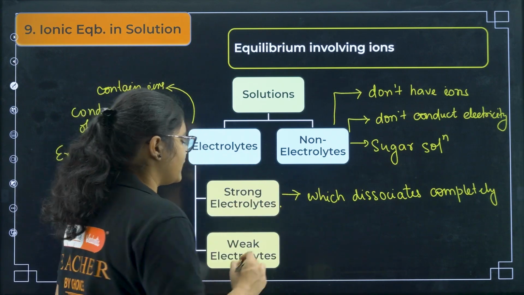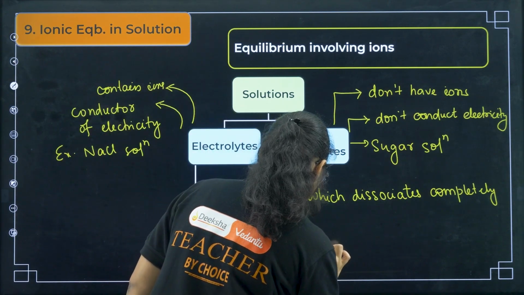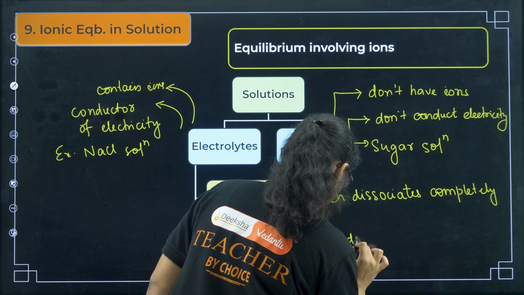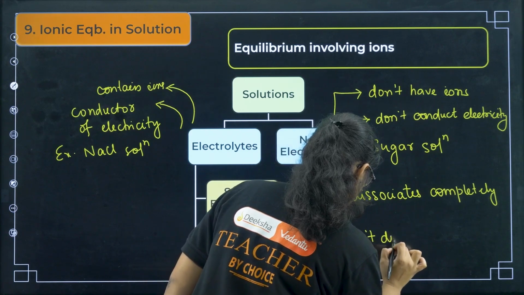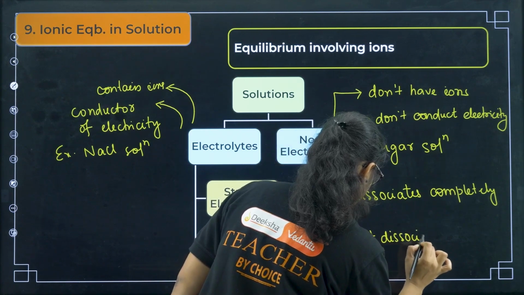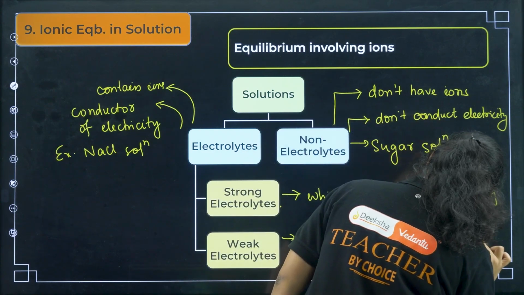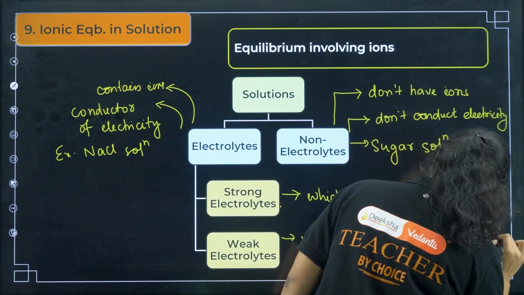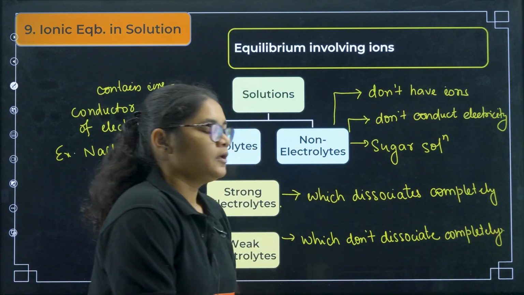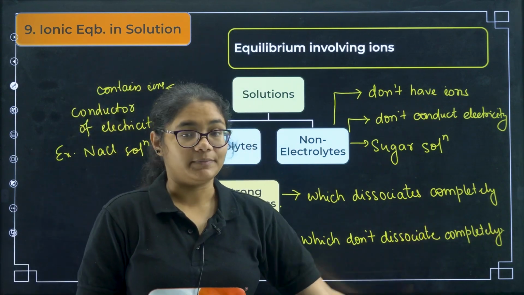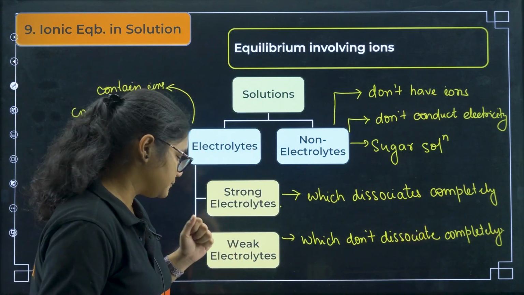But weak electrolytes are those which do not dissociate completely. What is the meaning of this?